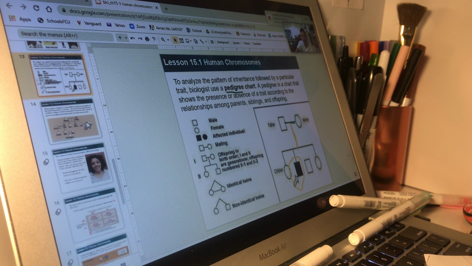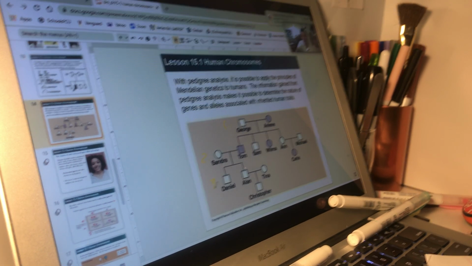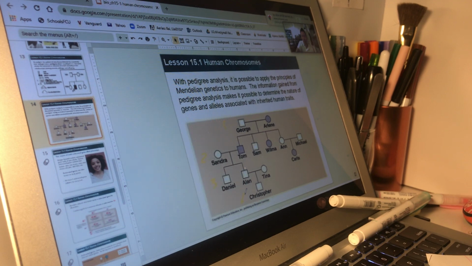Now, let me show you a real pedigree. This is a real pedigree of a family. How many generations? About 4 generations. Let me show you what I mean. Generation number 1, generation number 2, generation number 3, generation number 4.